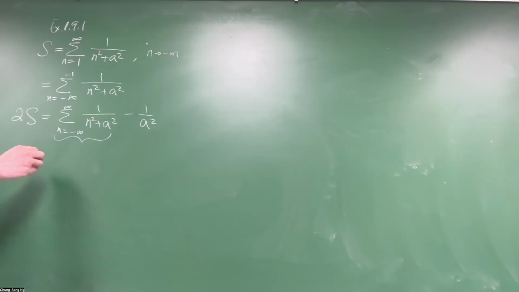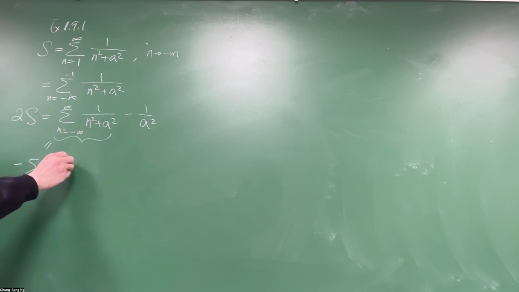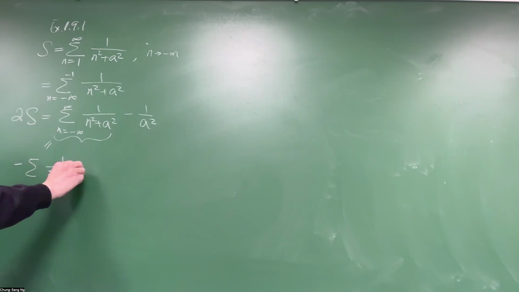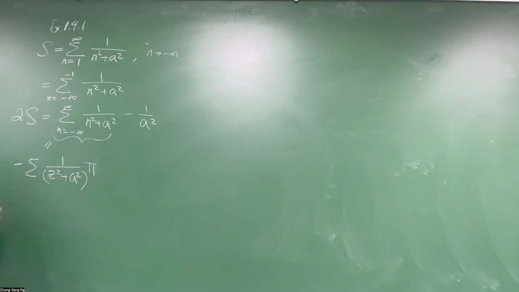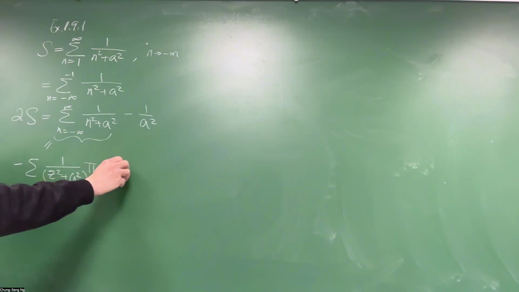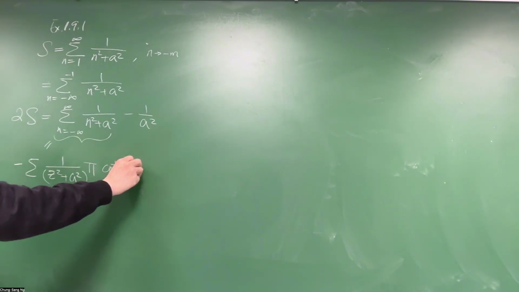So minus this one is equal to minus the sum of the residue of f, which now becomes 1 over z squared plus a squared times pi cotangent of pi z.